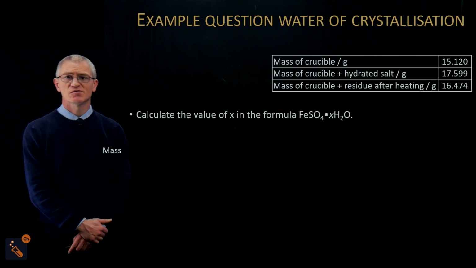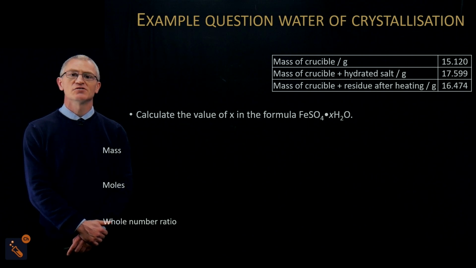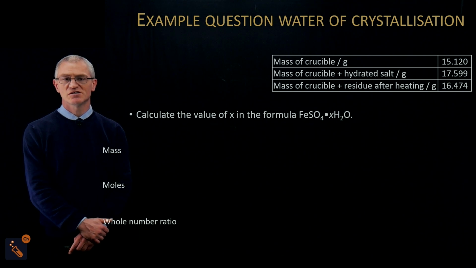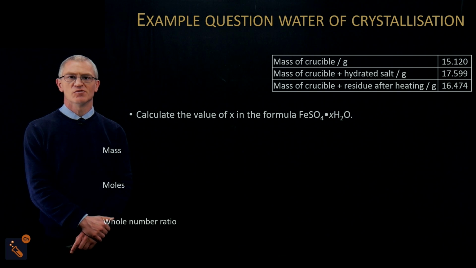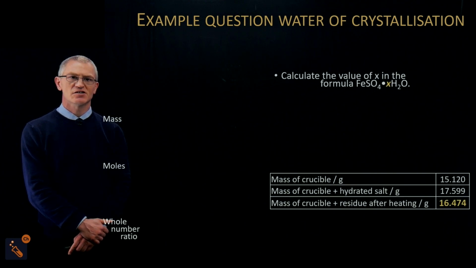You do that by first of all working out the mass of the individual parts, the mass of the salt, the FeSO4, and the mass of the water. If you have the mass of both of those, you can then work out the moles, and you can also work out the whole number ratio. And once you've got the ratio, you have the number of waters compared to the number of moles of your salt. So let's start to do the question.